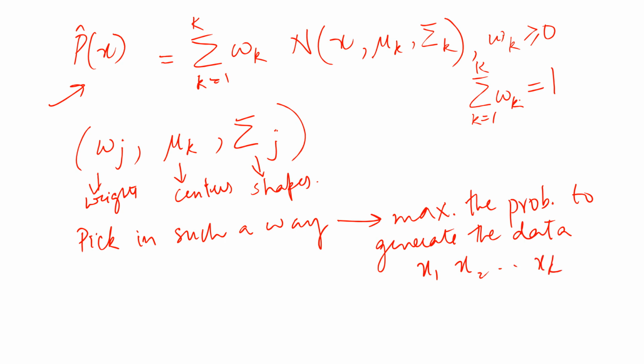Now this overall technique is maximum likelihood. We have seen that once before, but now we have a better algorithm to get the best weights, the best centers, and the best shapes.